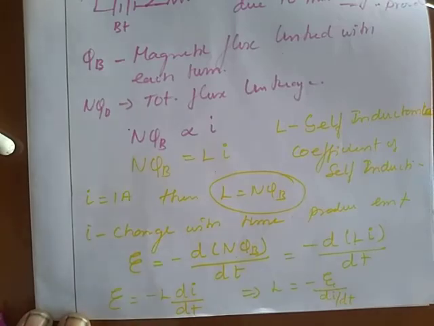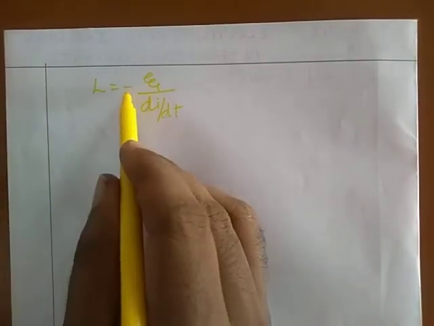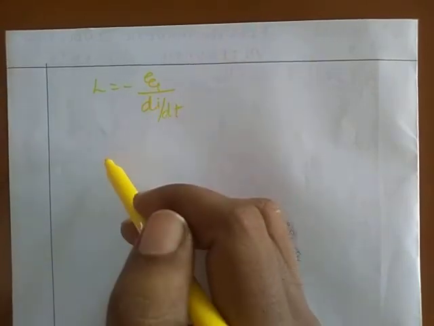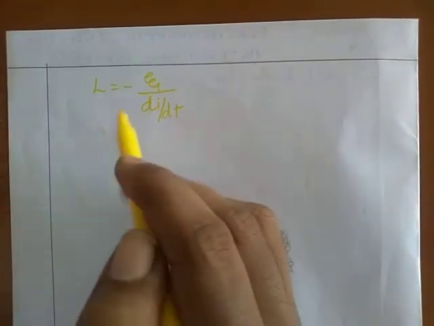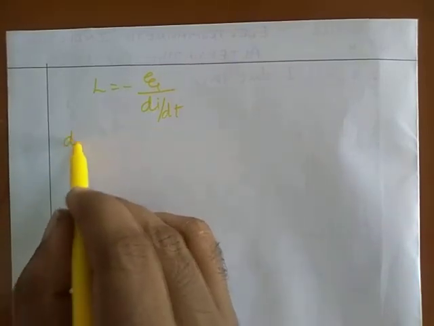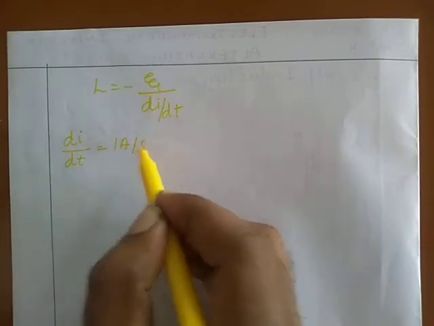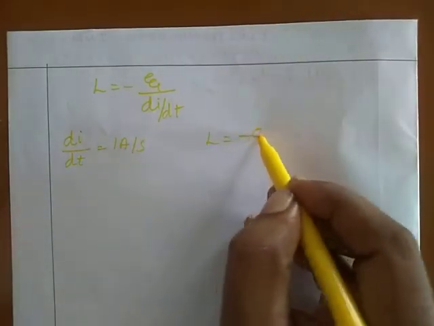Okay, here this minus sign represents the self-induced EMF, which always opposes the change in current. I already told about this. Suppose the change in current di by dt is taken as 1 ampere per second, so we can write L is equal to minus psi.